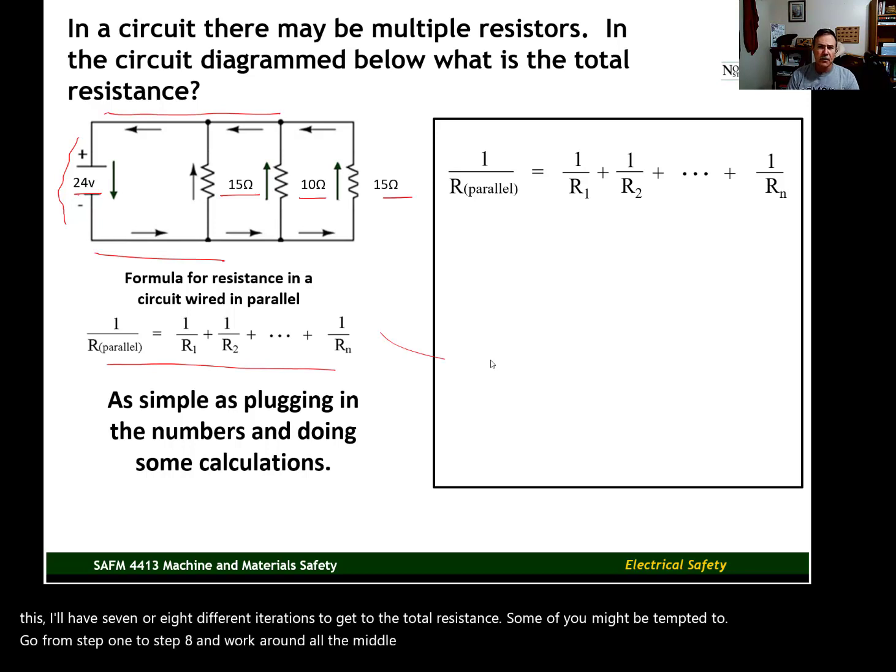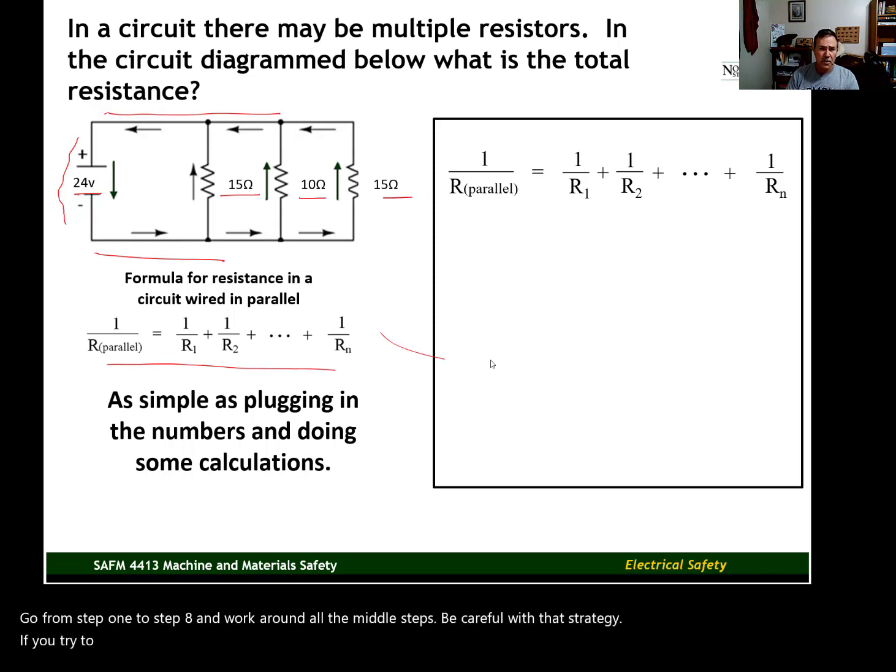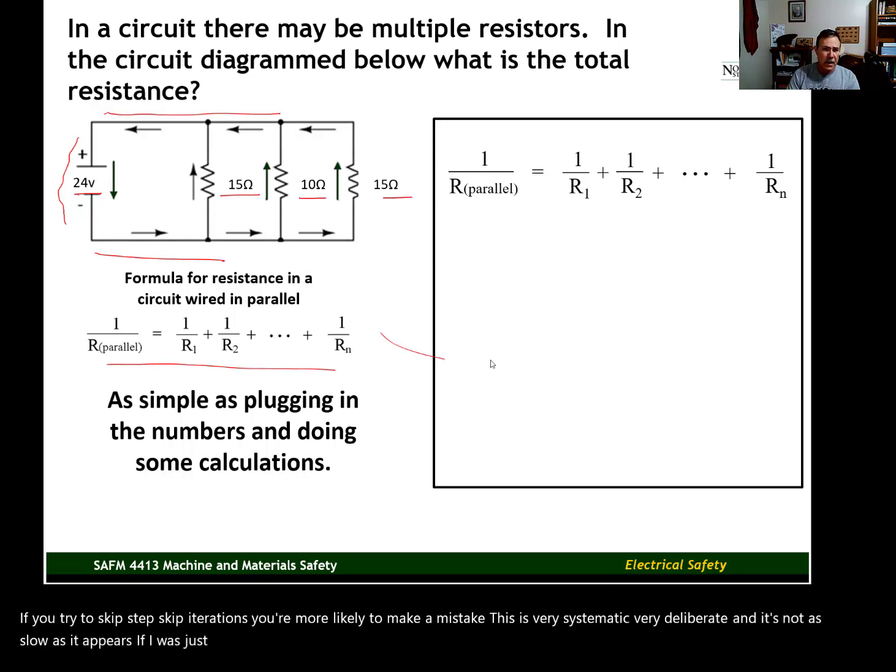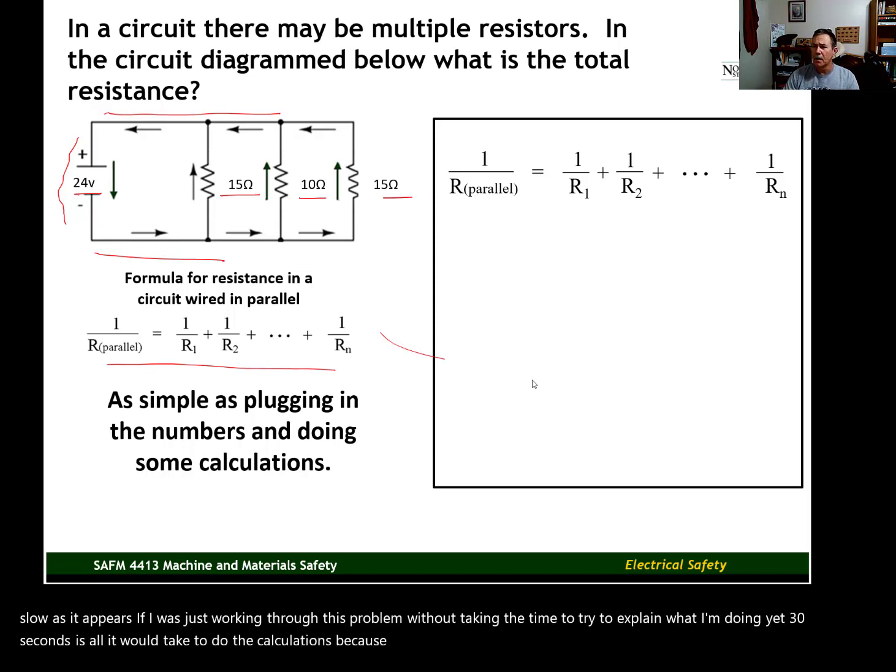Be careful with that strategy. If you try to skip steps, skip iterations, you're more likely to make a mistake. This is very systematic, very deliberate, and it's not as slow as it appears. If I was just working through this problem without taking the time to explain what I'm doing, 30 seconds is all it would take to do the calculations, because the mathematics are really simple.